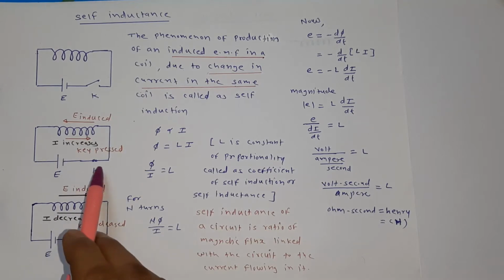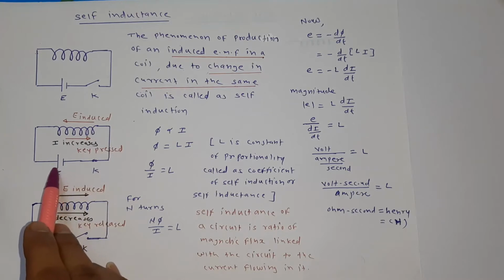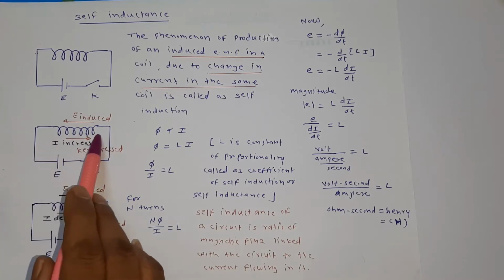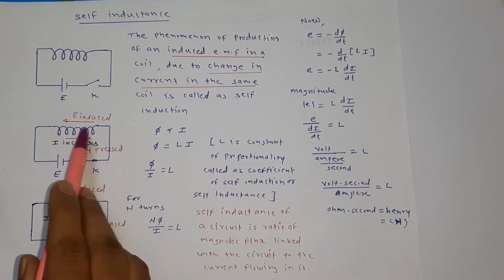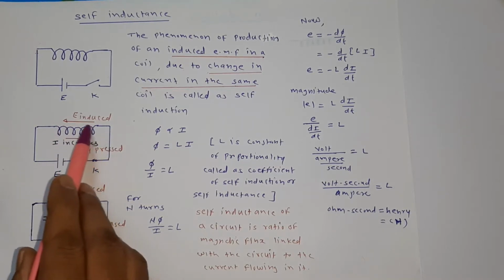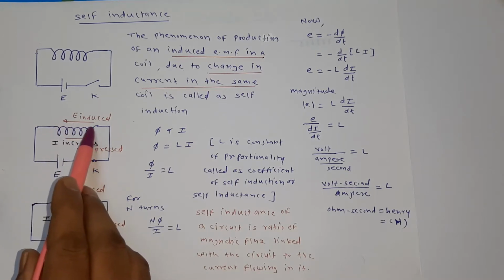Now suppose in this case the key is pressed, that means the circuit is closed. At that instant when the circuit is closed, current through this coil increases. As current through this coil increases, the magnetic field produced in this coil changes, that means the magnetic flux linked with this coil changes.